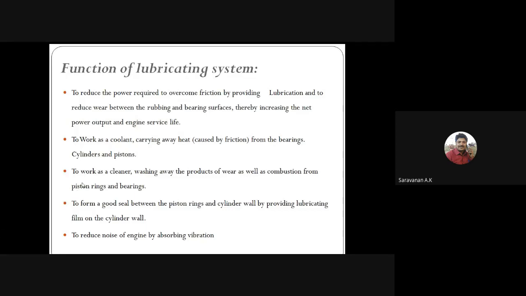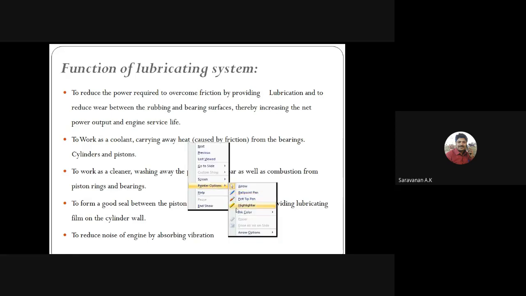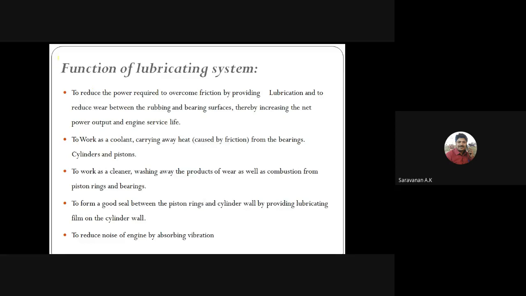Due to the combustion process, there may be some contamination in the engine, and the lubricating oil cleans that contamination too, so it works as a cleaner. The lubricant works as a coolant and as a cleaner, and it forms a good seal between the piston rings and the cylinders.